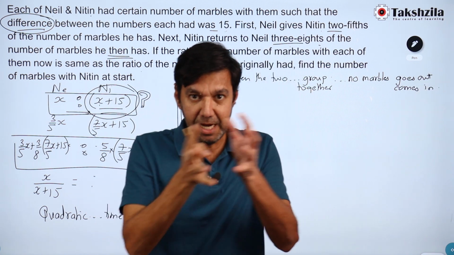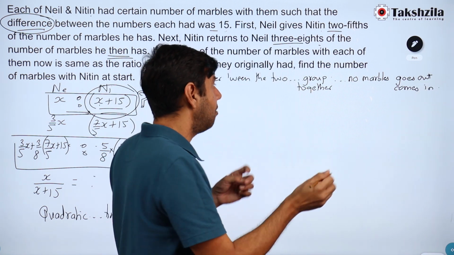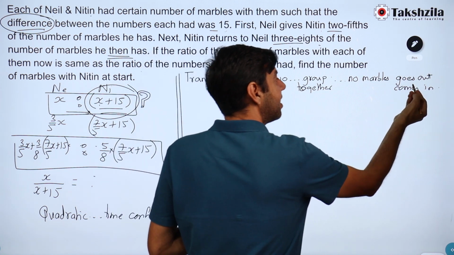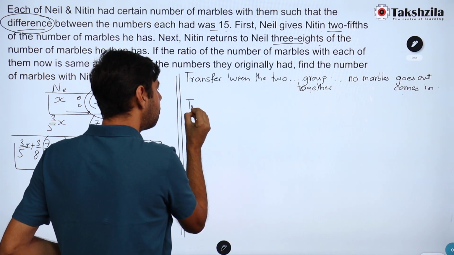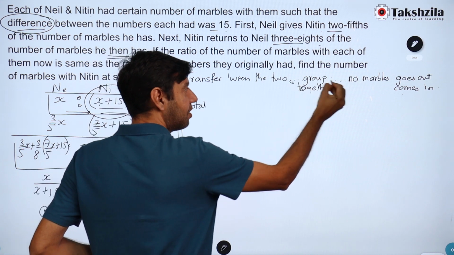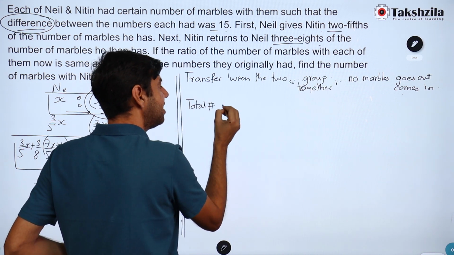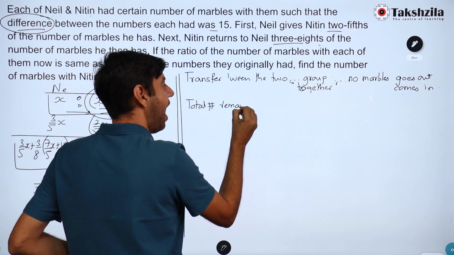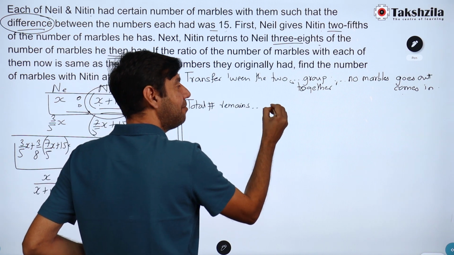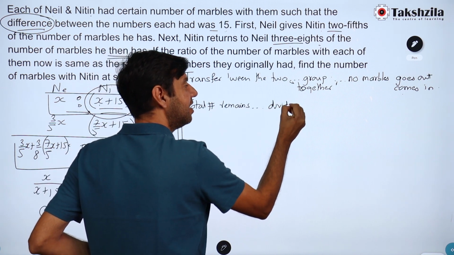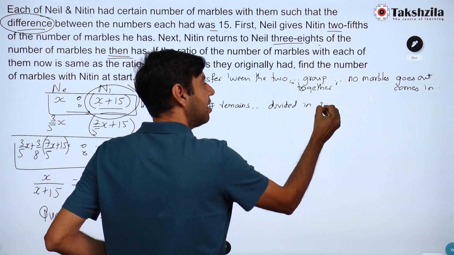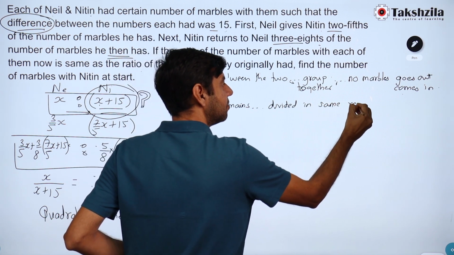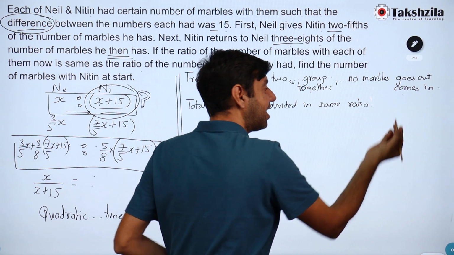It only goes from Neil to Nitin, Nitin to Neil, but not outside. So what that means is the total number remains the same, and it is divided in the same ratio at start and at end.